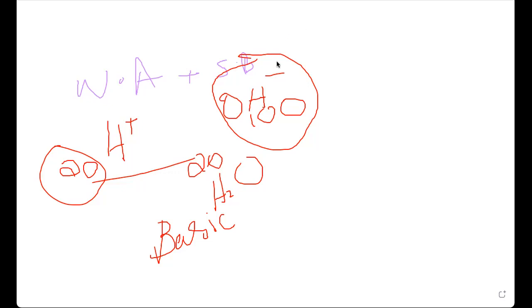Like in weak acid, you can say we have ethanoic acid, meaning all the organic acids, or you can say the easiest one, HCN, hydrogen cyanide. HCN is a weak acid which we are not using in our chemistry, but you should know the example.